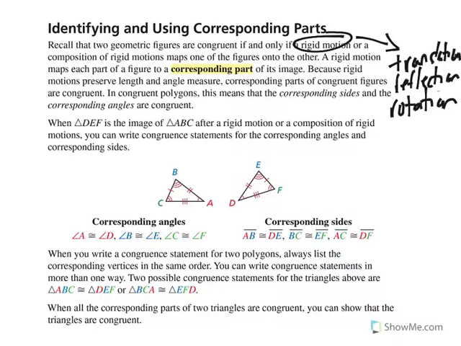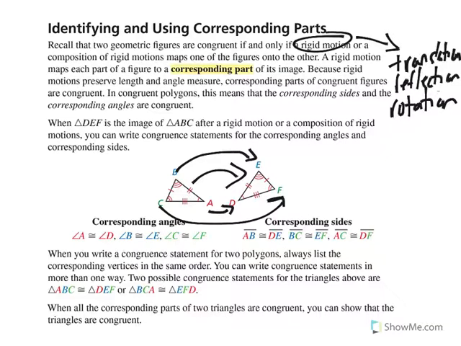So ABC was our pre-image, and it was transformed into DEF by some sort of rigid motions. Okay, it looks like maybe it was possibly rotated, or maybe it was just flipped. It was flipped across a certain line, or reflected across that line. So even though we reflected it, those corresponding portions, A and D, and then we have B and E, and we have C to F, they're still going to be congruent.